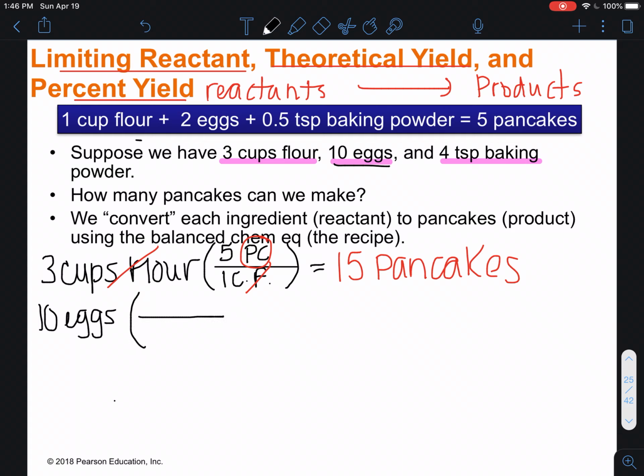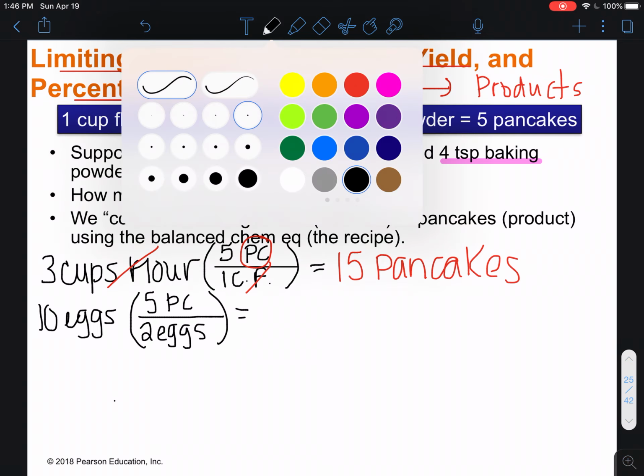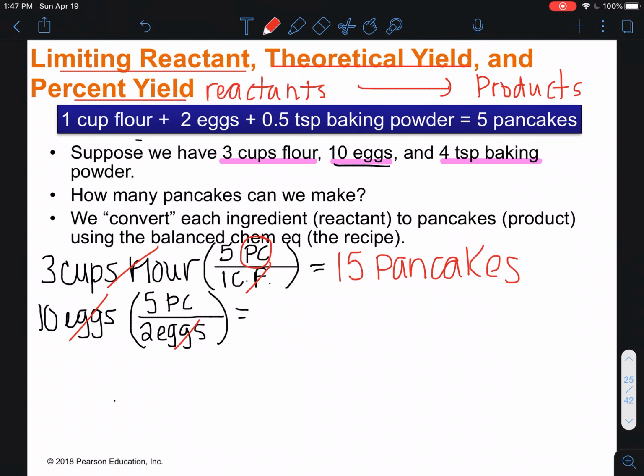So according to that, for every 2 eggs, we get this from the coefficients, 2 eggs gives us 5 pancakes. So again, PC, pancakes. And so collectively, once the units cancel, that's going to give us 25 pancakes.